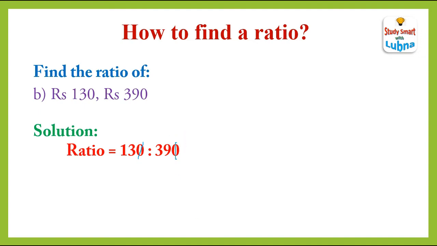What is left after this? 13:39. Now we will divide 13 and 39 by 13. 13 divided by 13 equals 1 and 39 divided by 13 equals 3. So the ratio of rupees 130 and rupees 390 is 1:3.